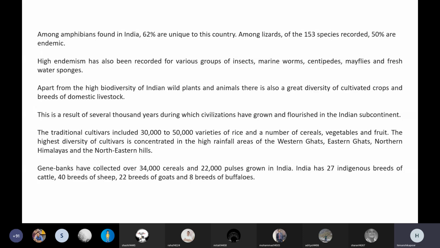And we have cultivars of varieties of a number of crops ranging from rice to other cereals, vegetables and fruits, and these are found more in the Western Ghats or the areas which have high biodiversity, which also includes the Northeast and the Himalayan region.